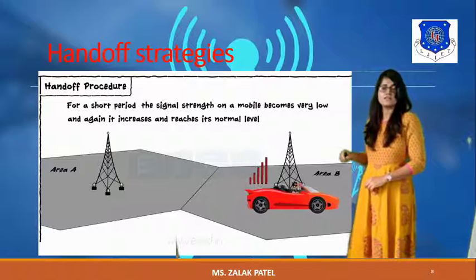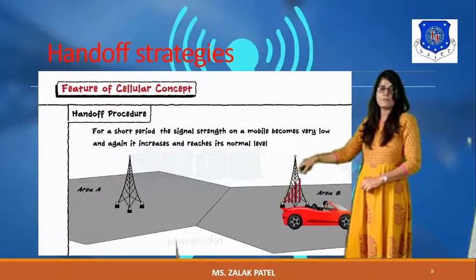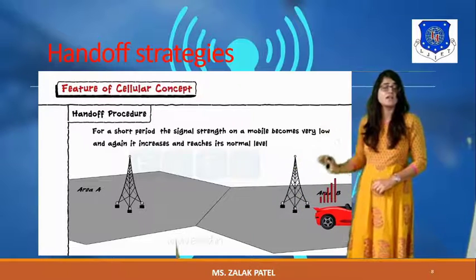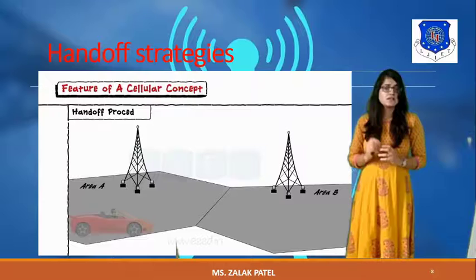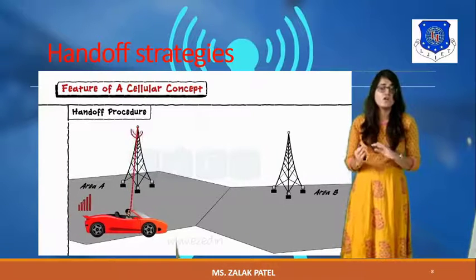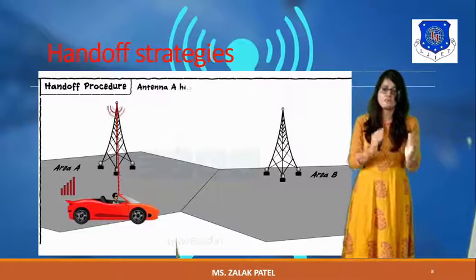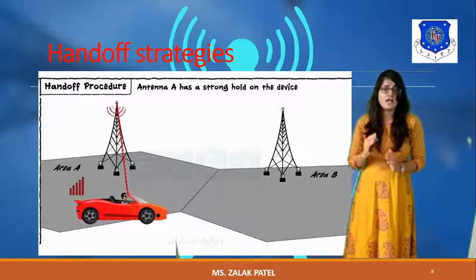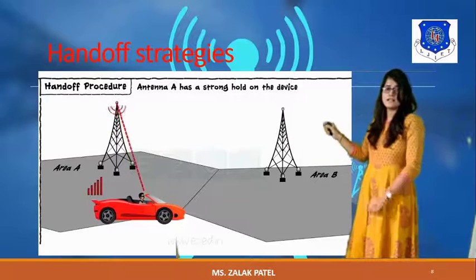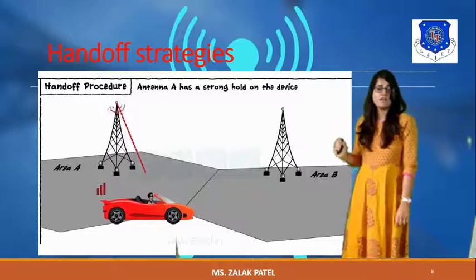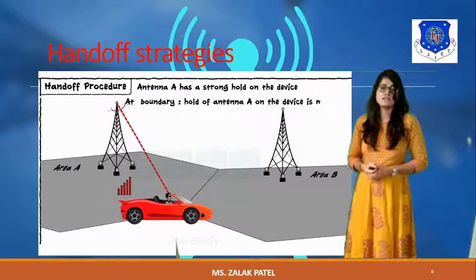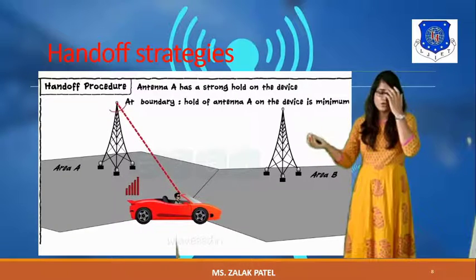Here you can note that the signal strength reduces as the user moves away from the base station area, and when the user is nearer to the base station area, the signal strength is more. So basically handoff is when the user moves from one base station or service area to another. Here you can note that the signal strength is affected as we move away from the base station, and it increases as we enter the new base station.